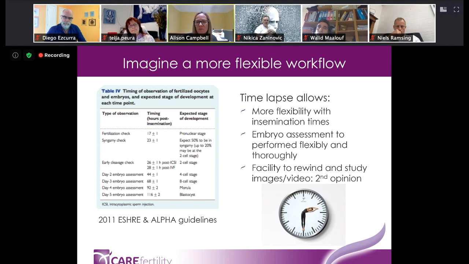But some embryos don't divide at precisely the recommended time. So we have this facility with the time-lapse videos to rewind, to call a colleague for a second opinion, and to genuinely assess throughout the day whenever it suits our schedule, because we can rewind the clock.